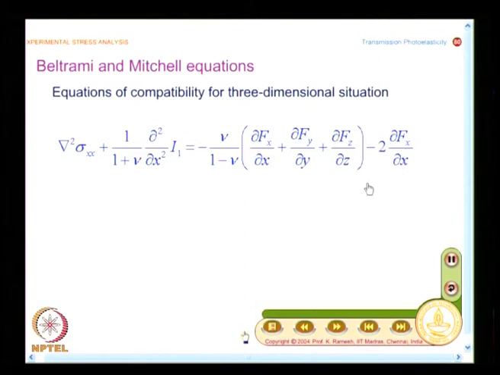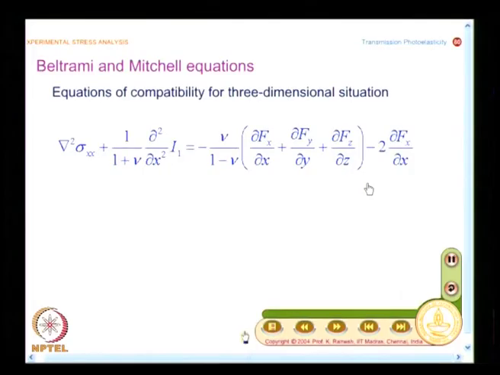What strikes you immediately when you look at this expression? First, it is a very long expression compared to what you saw in the 2-dimensional situation. In the 2-dimensional situation, when body force is constant, the equation gets simplified. Suppose body force is constant in a 3-dimensional situation, what happens?